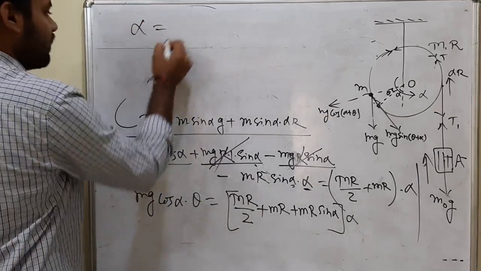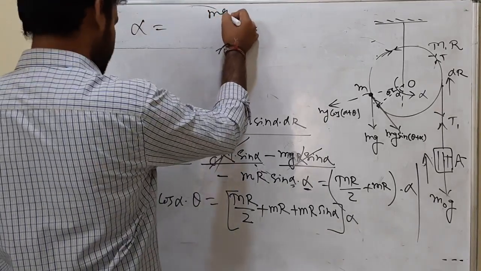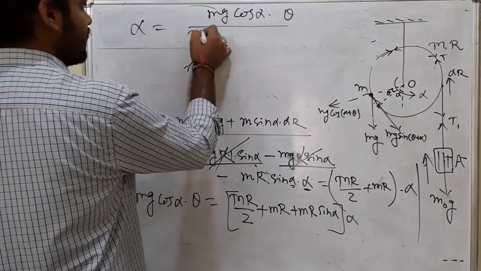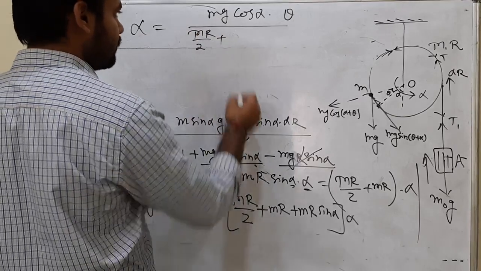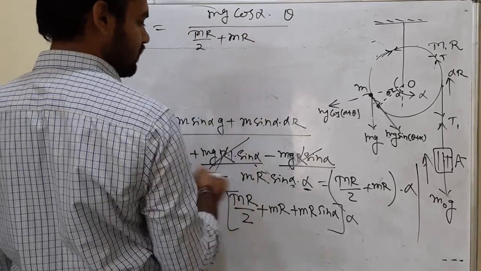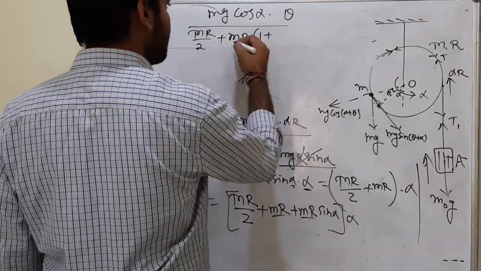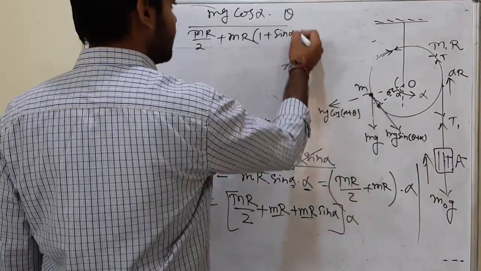Now this alpha will equal mg cos alpha times theta divided by this term, mr by 2 plus mr sin alpha. I can take mr as common, so it will be mr times (1/2 plus sin alpha).